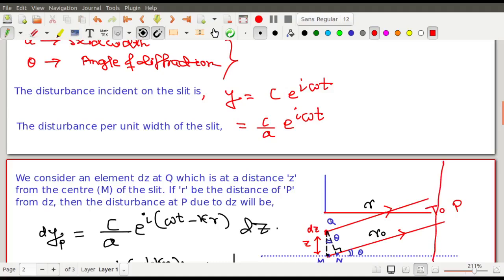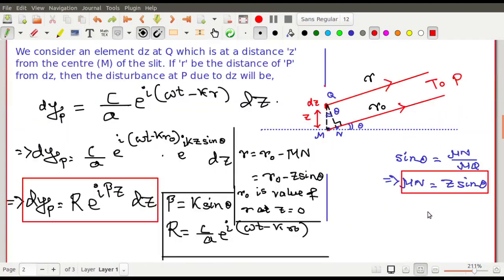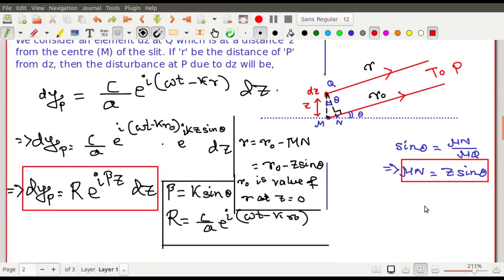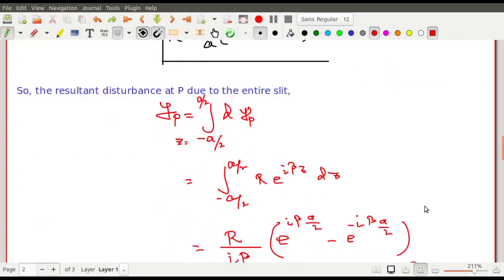If there is a screen, you shouldn't have any light after this according to geometrical optics, but you see that light is definitely entering the shadow region. But the intensity will diminish on either side. As you move a few orders inside the shadow region, you will see that the light decreases and ultimately it will be zero.